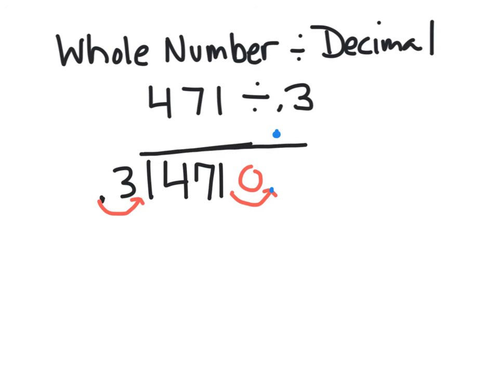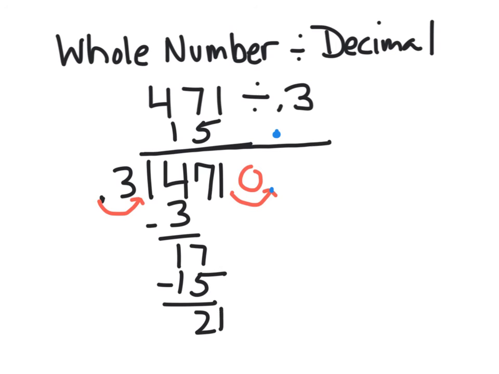Just extend my line. And now, once again, I'm going to divide as I've always done. And subtract. So 3 goes into 17 5 times. 21, 7. And again, there is still that place value right here. And I'm going to need to make sure that I put a 0. And my final answer is 1,570.